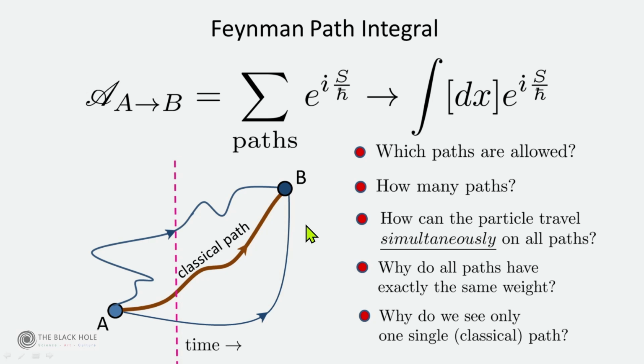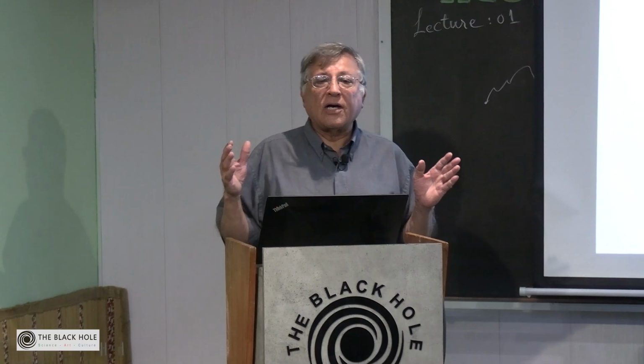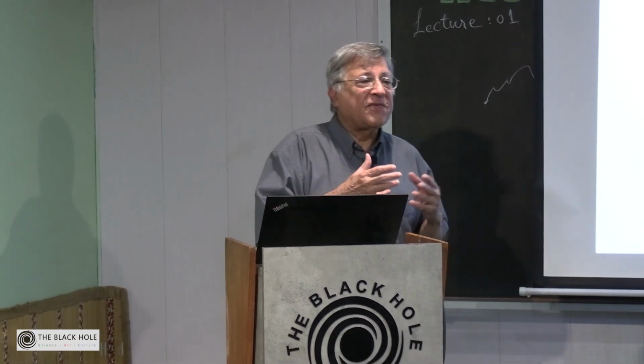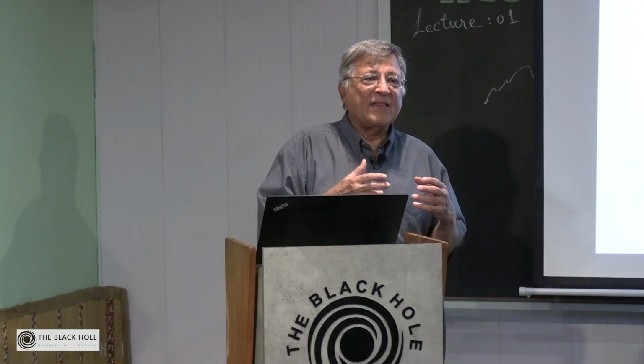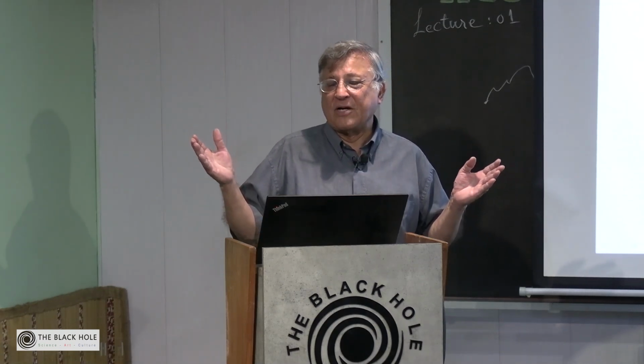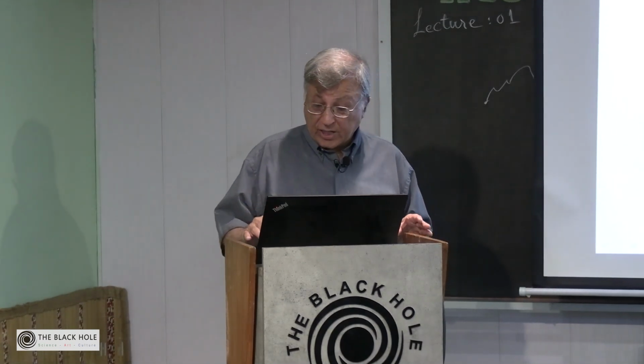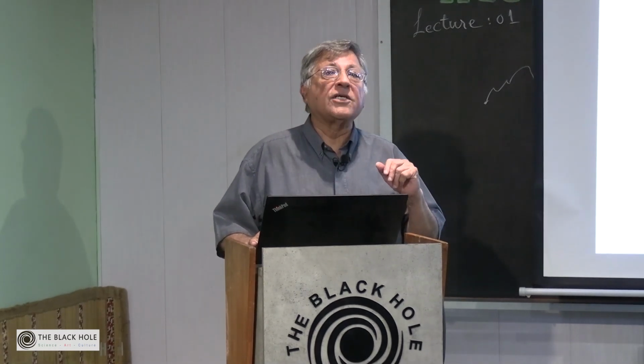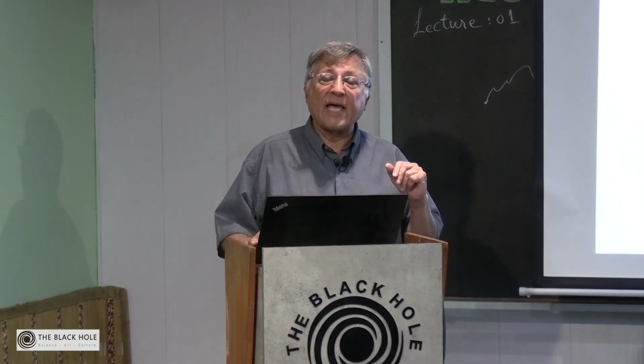And when they interfere, they destroy each other. Only the paths which are close to the classical path will interfere constructively, and the others will all cancel out amongst themselves. Now, this can be rigorously shown mathematically. We'll see how this can be understood in a different way as well.